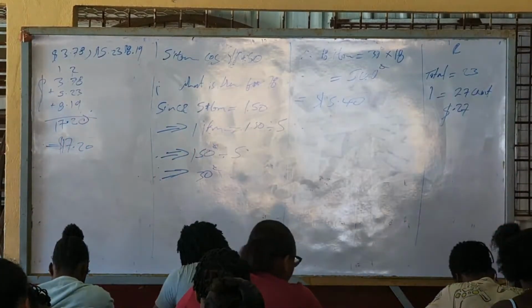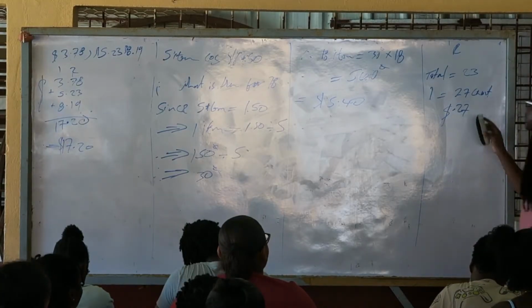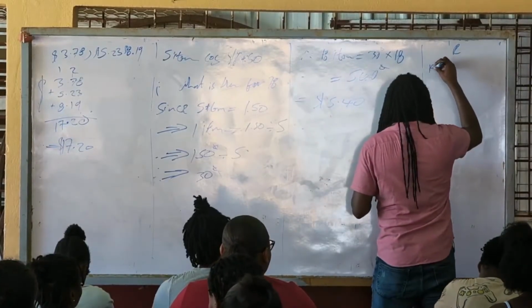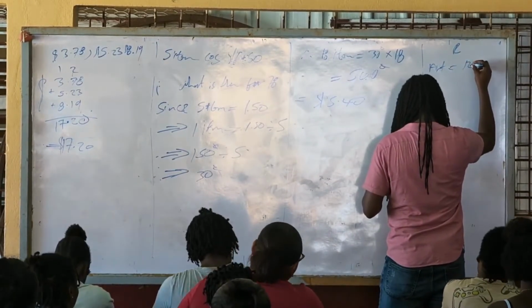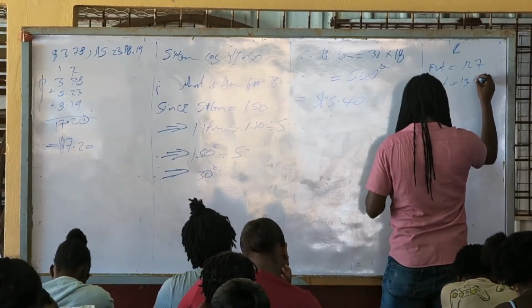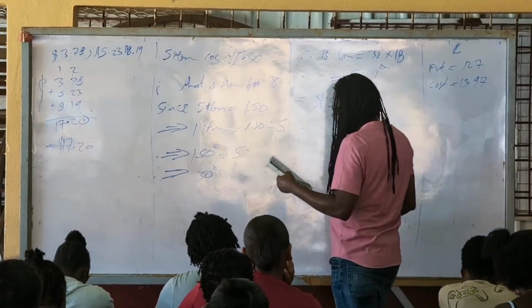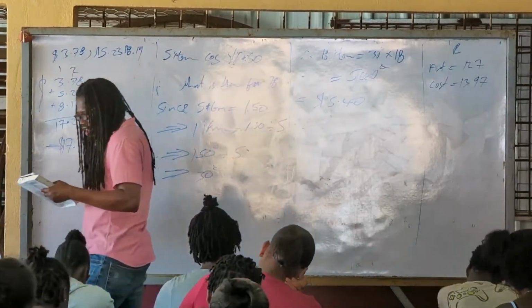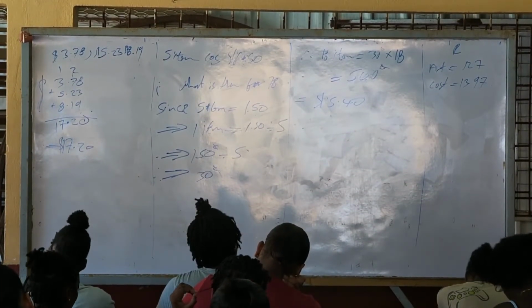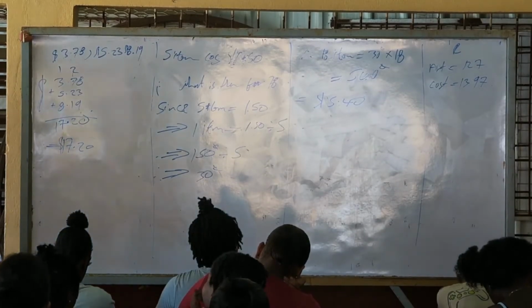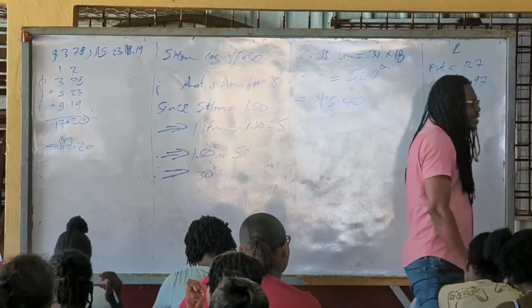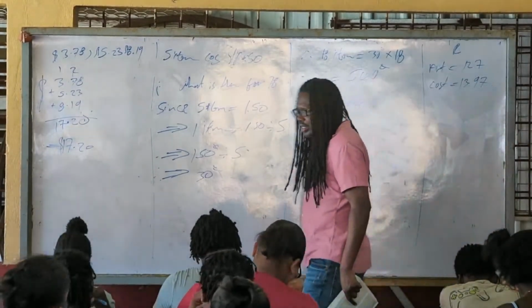So I'm going to write that over my rough work. 127 articles equal, cost equals $13.97. Find the cost of each article. So if 127 articles, all right, this is what I want to do. Once you get a question like this, immediately turn it into cents, so it can work out easier.